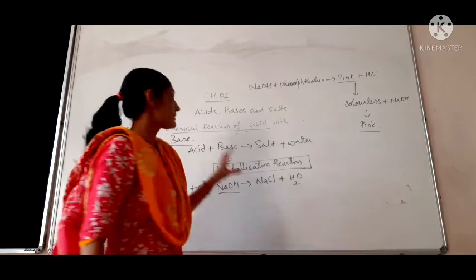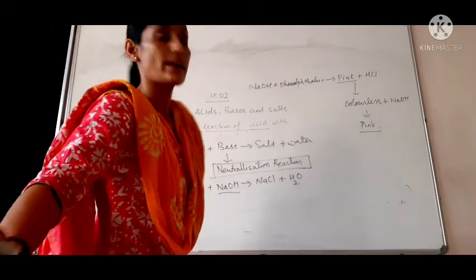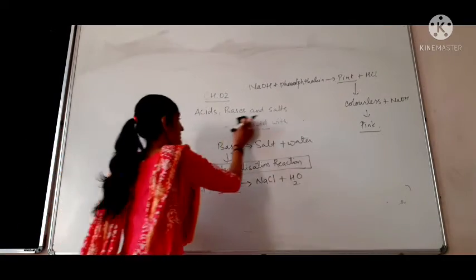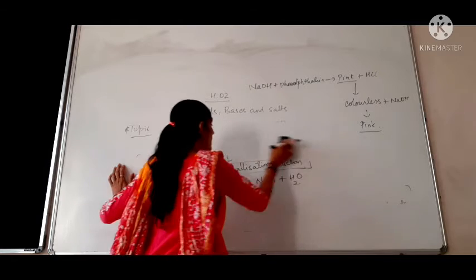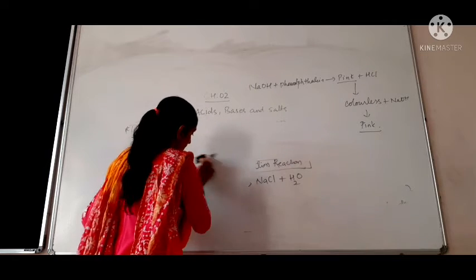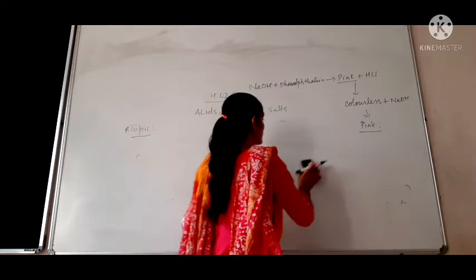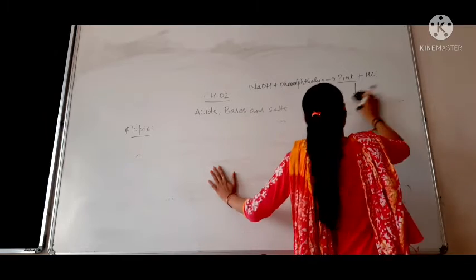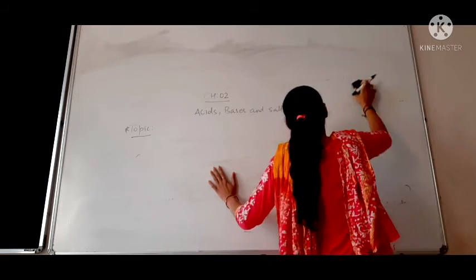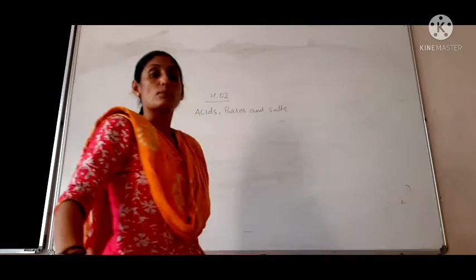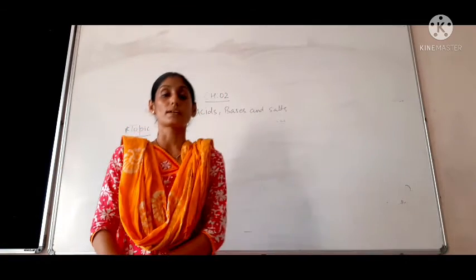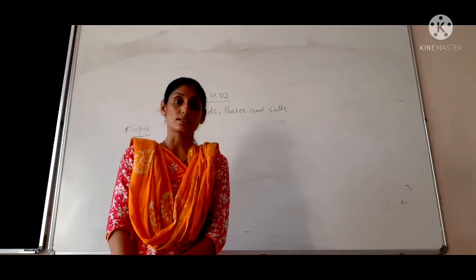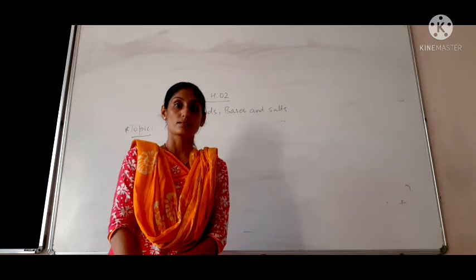Okay children, so that is about the chemical reaction of acid with base. Now we learn about the very next property. Let us see that property whenever we talk about the acids and the bases.